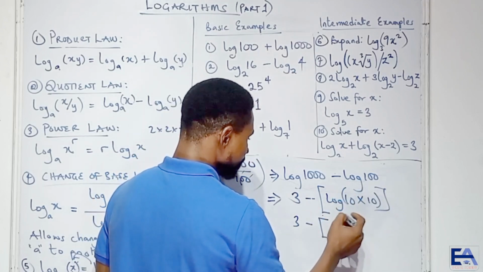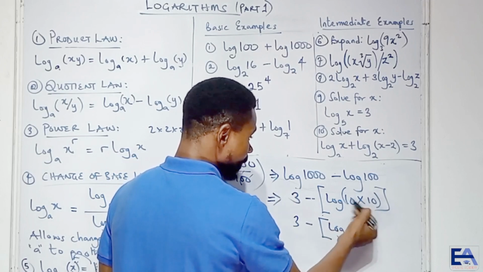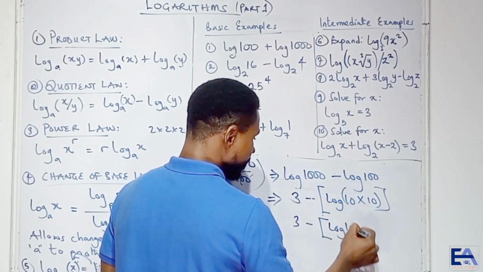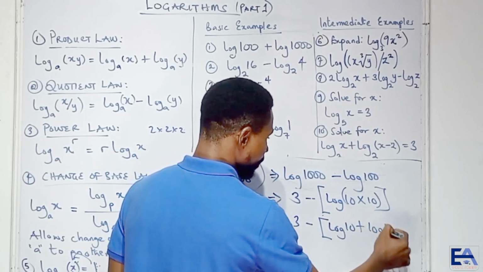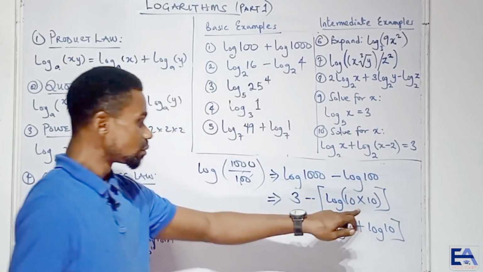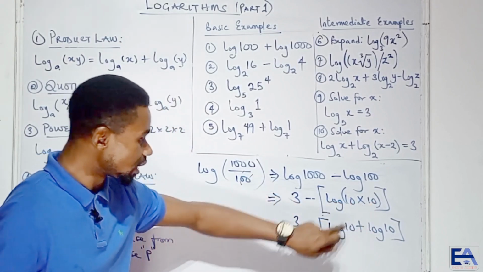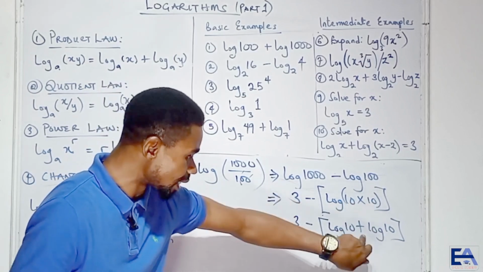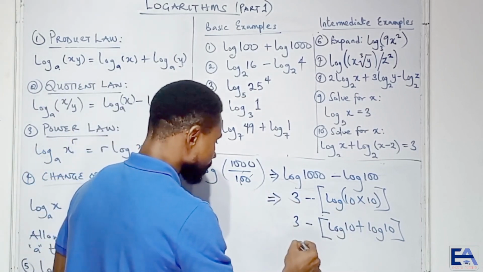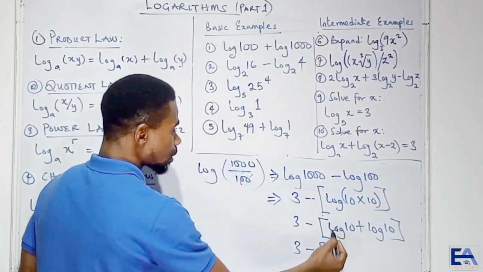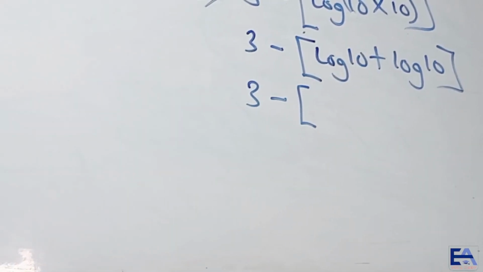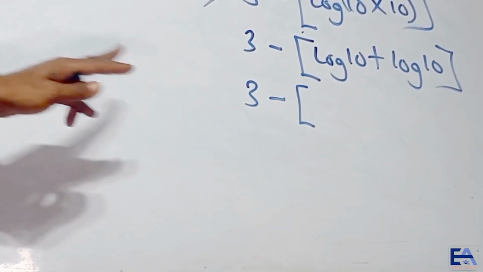So that will be log 10, because they are multiplying here, plus another log 10. So when the two things in the bracket are multiplying, you take the individual logarithm of each of them and add. That's what the rule says. So you have 3 minus log 10, logarithm of the same base, is equal to 1.